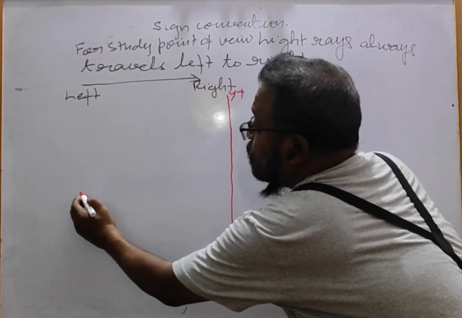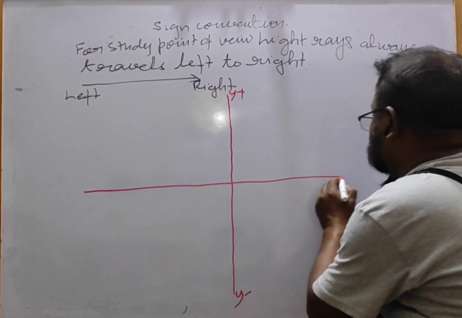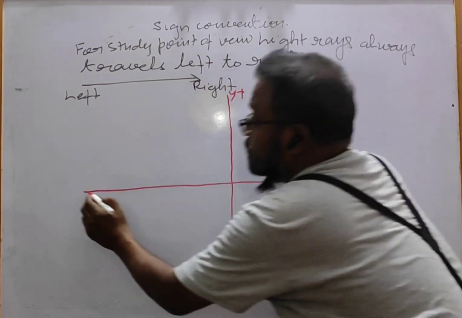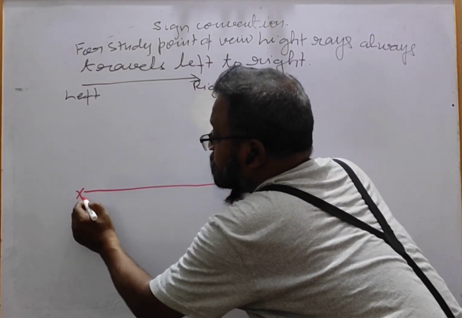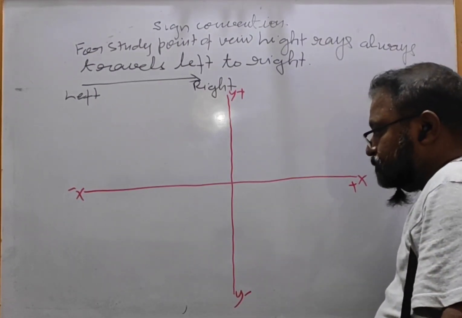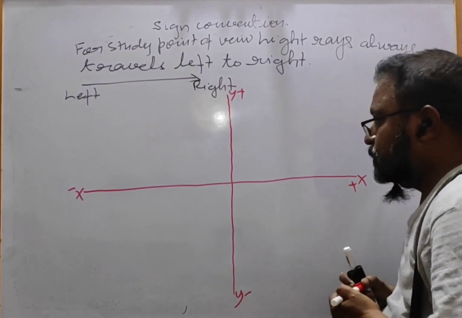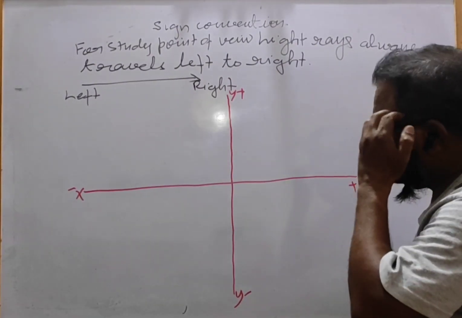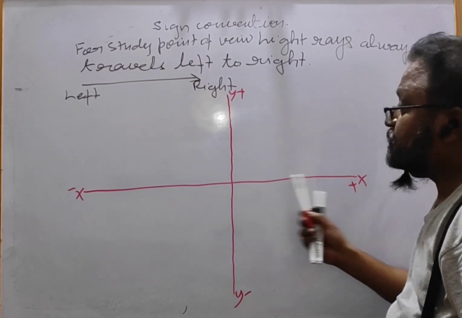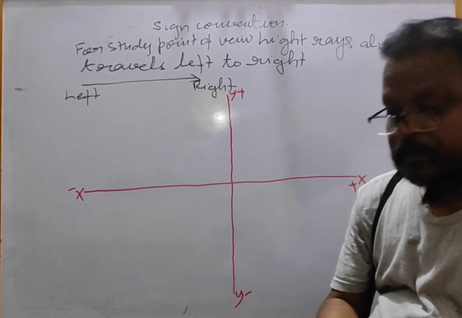And if you draw a line like this, this is x-axis positive, this is x-axis negative, right? So this is positive side, this is negative side.